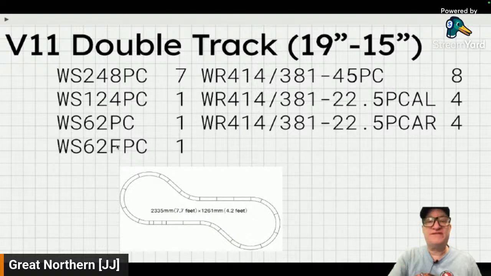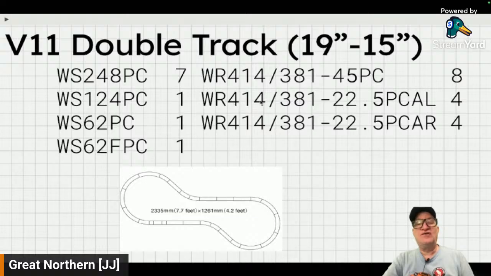So where you see an F, it means feeder. Some other things are here. We've got a 414 radius curve, which incidentally is not available in the single track. There is no Kato 414 single track, but there is a 381. And all the other ones line up with their same geometry.